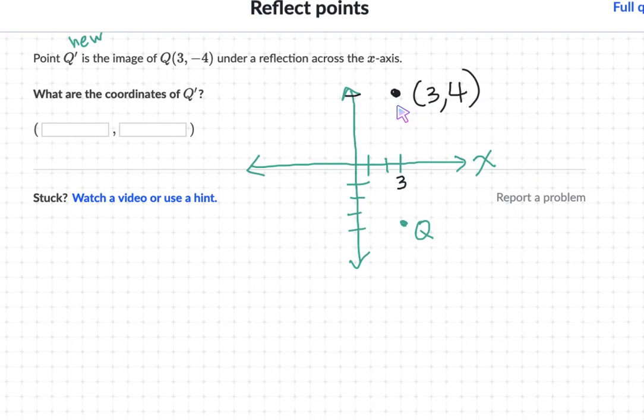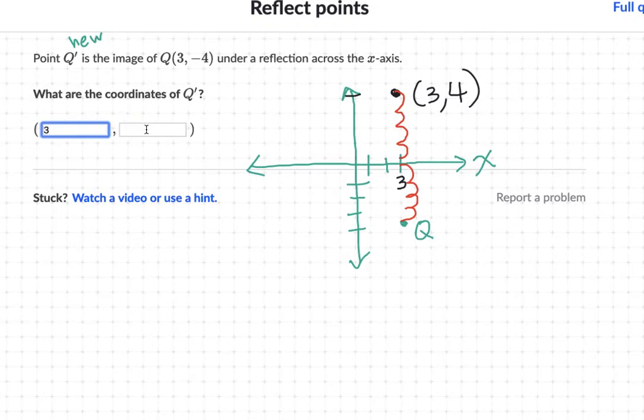And we know that it's 4 as well because it has to be the same distance. So if this one was 4 spots away to get to (3, -4), this one also has to be 4 spots away. Okay, so those numbers aren't changing. It's just the sign is changing because this is a positive 4.